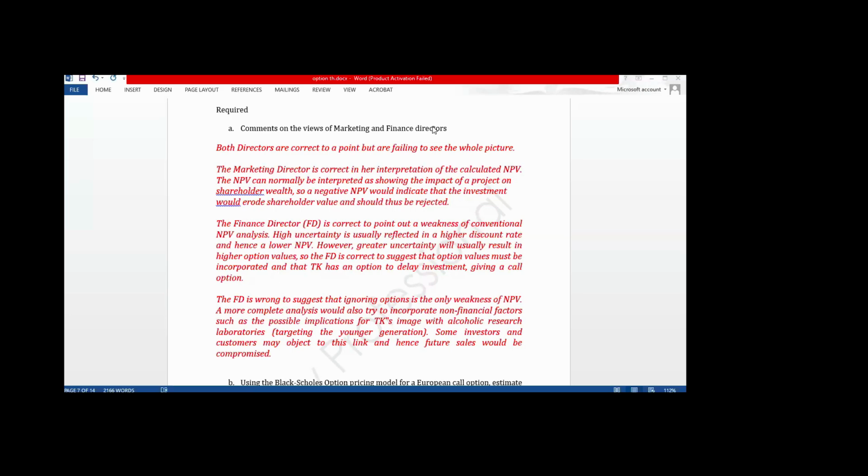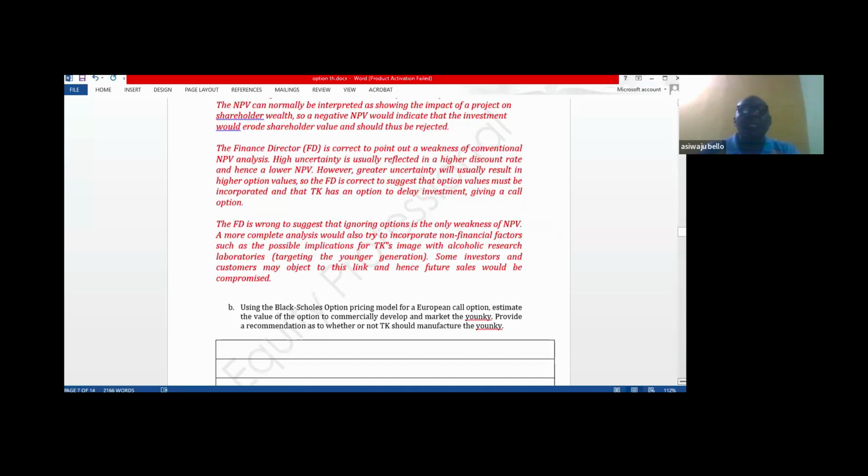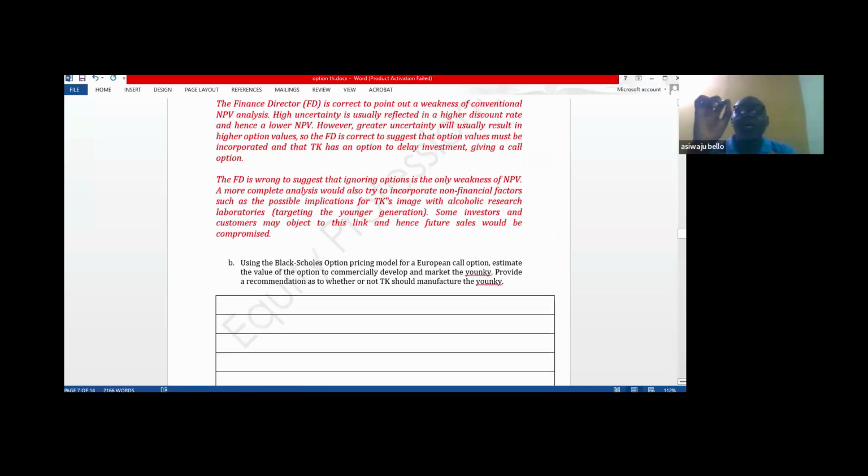Requirement B, using the Black-Scholes option pricing model for European call option. Look at that requirement. Estimate the value of the option to commercially develop and market the Yankee.